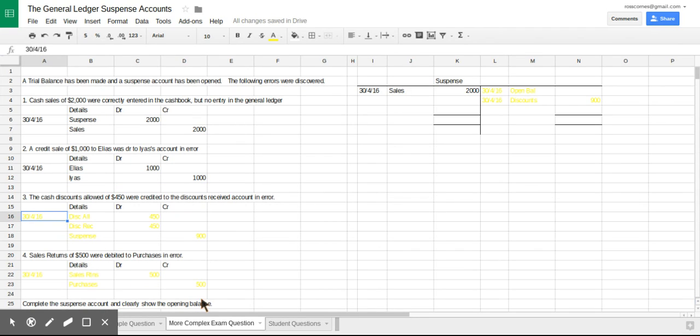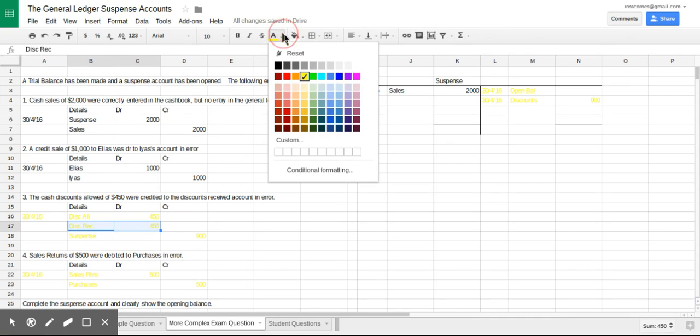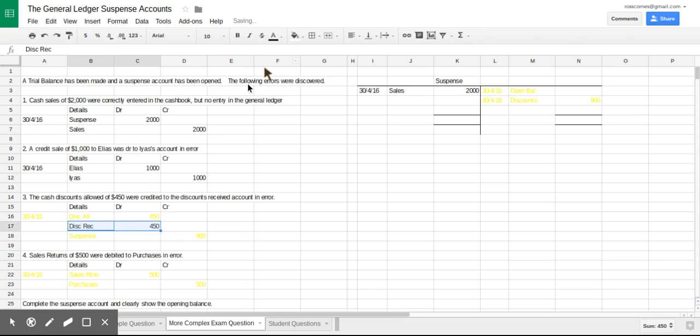Next one, I've got a cash discount of $450. We had it credited to the discount received account in error. Well, the first one, that's pretty straightforward. We should never have credited discounts received in the first place. So to take that out, we're going to put a debit entry into discounts received to cancel out the error.